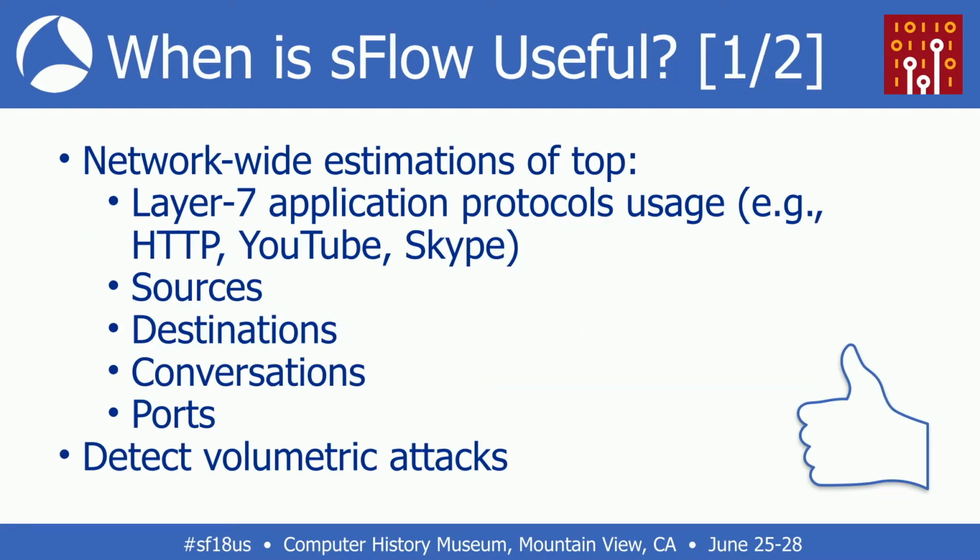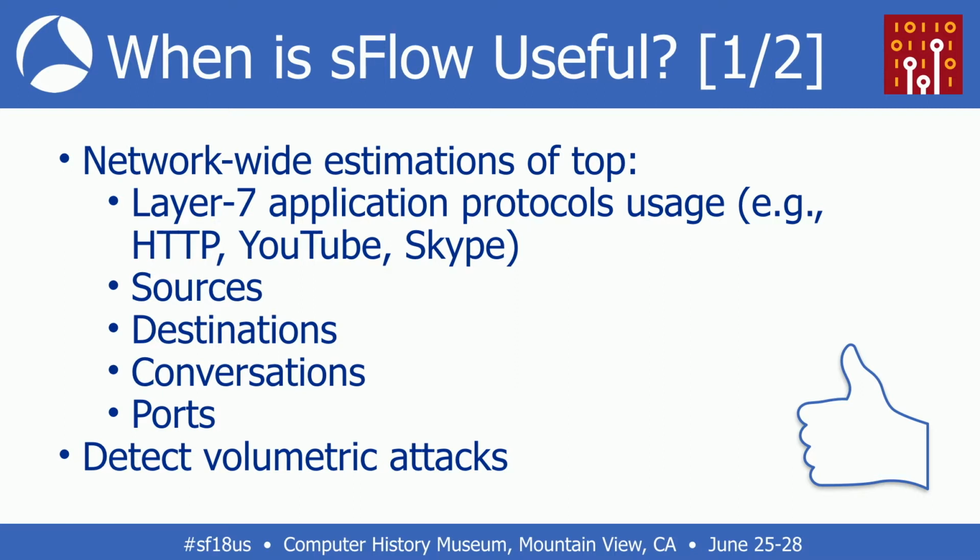So, why is sFlow useful? Which problems can it help us solve? Well, sFlow is useful in general to provide a good estimation of the top talkers. Top talkers can be the top sources or the top destinations of the traffic, but they can also be the top autonomous systems, the top conversations, ports, whatever.